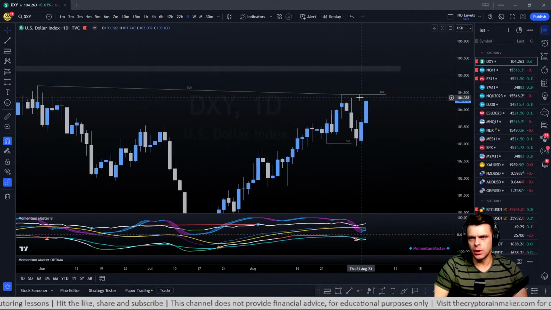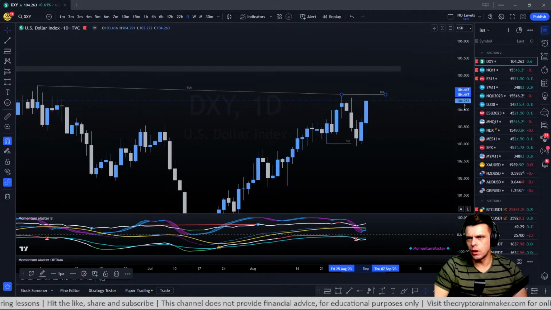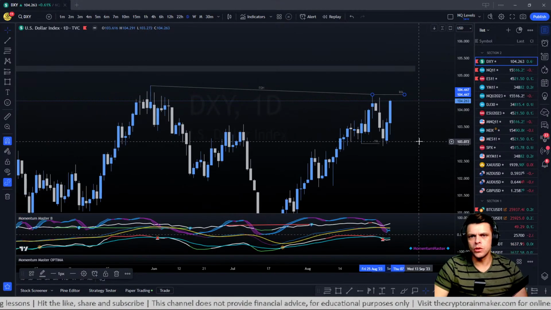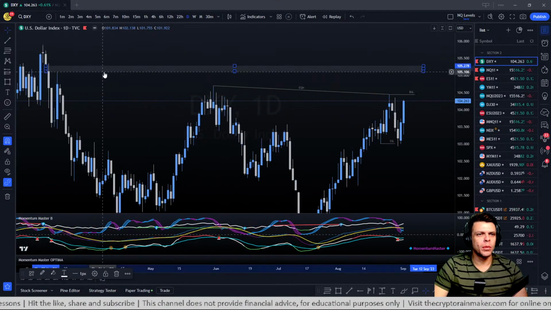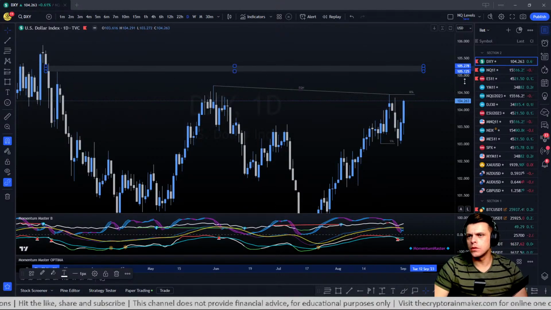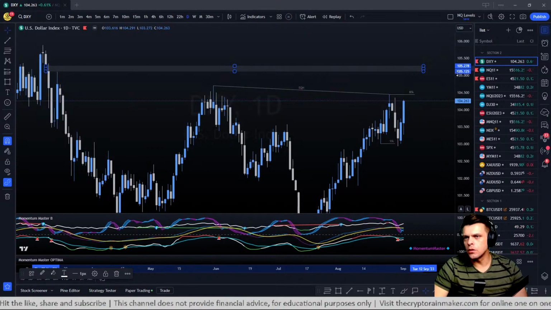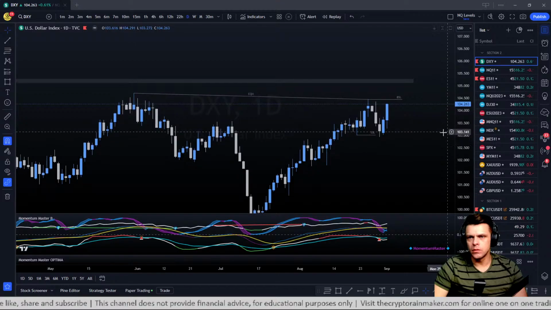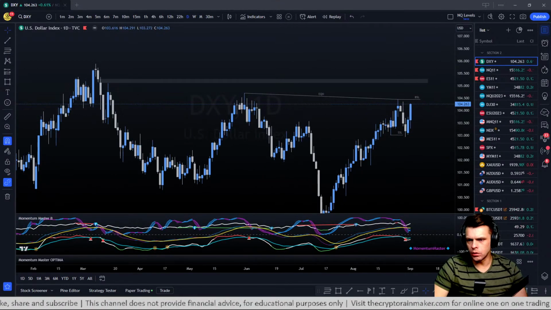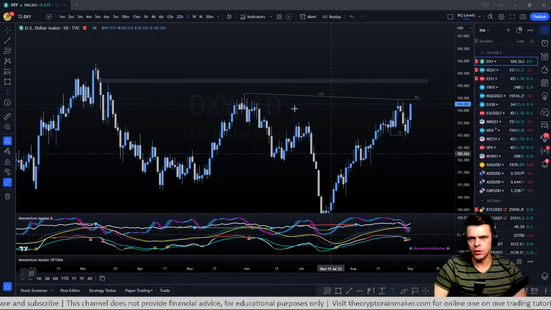All right, so the buy side liquidity is at 104.447. And then the bottom of the volume imbalance is at 105.125, and that goes to 105.278. So this is going to be our draw on liquidity.